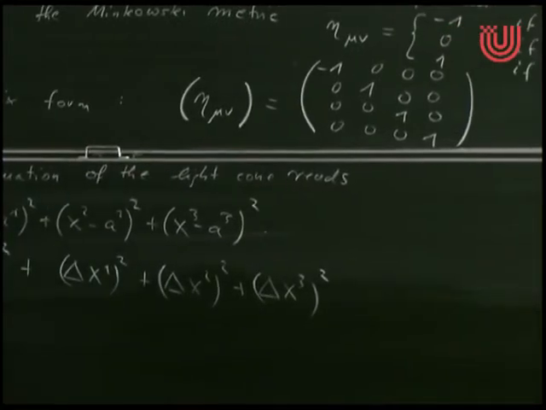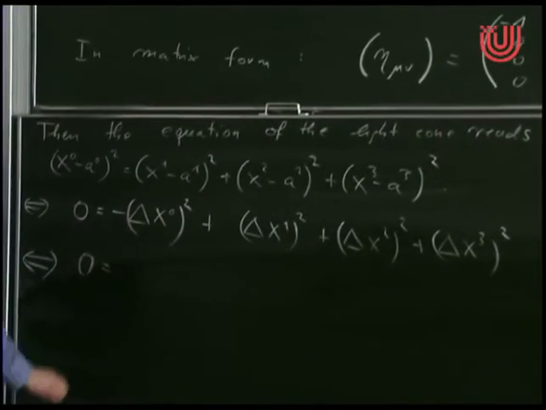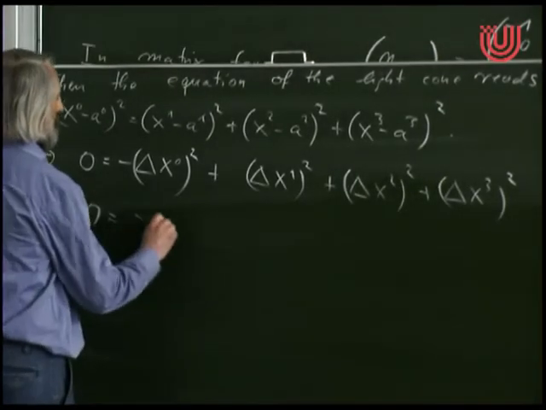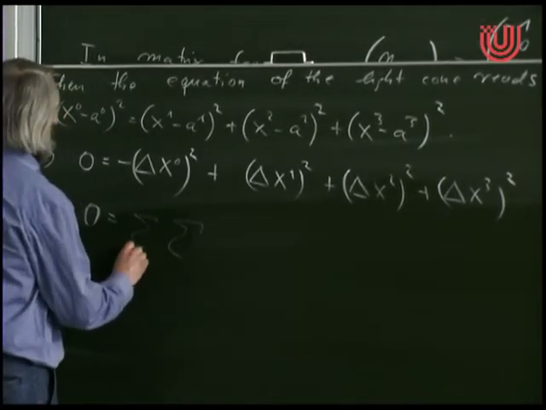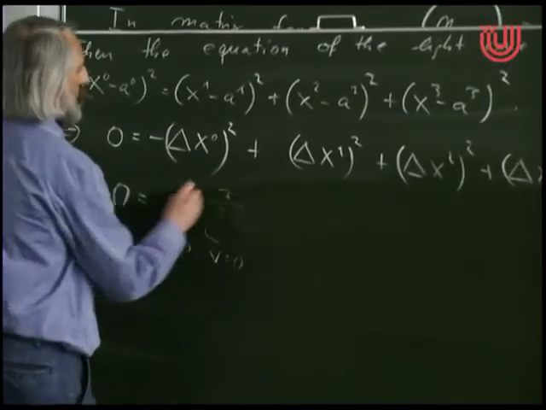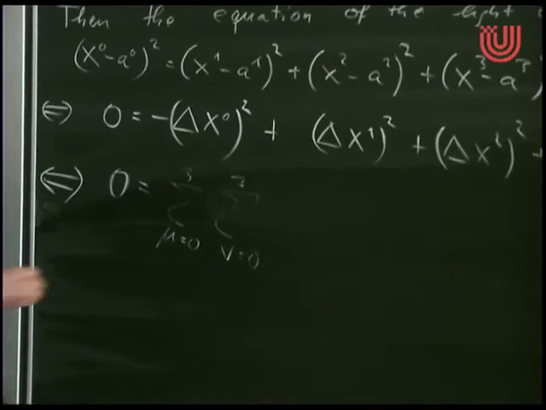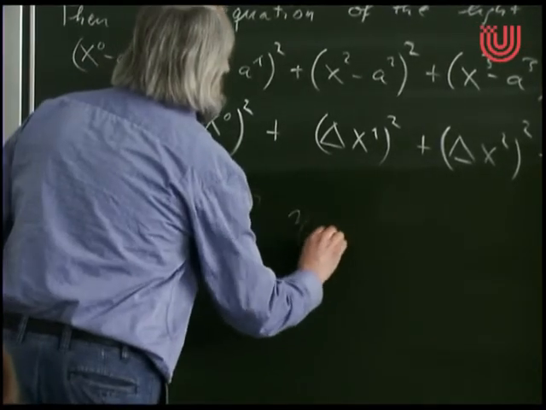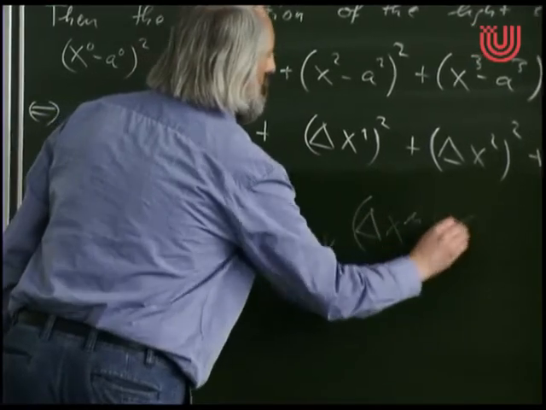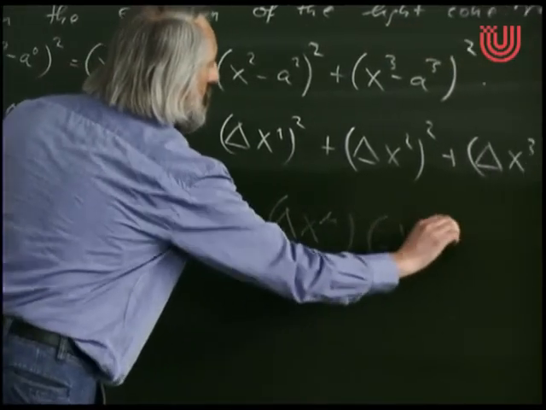Because now I can write it just as, well, that's a summation now. So I have 2 sums, one over mu from 0 to 3, and one over nu from 0 to 3, of eta mu nu delta x mu delta x nu.